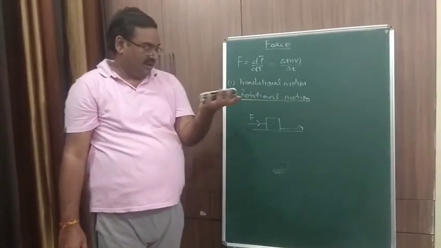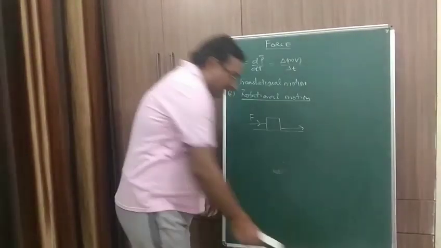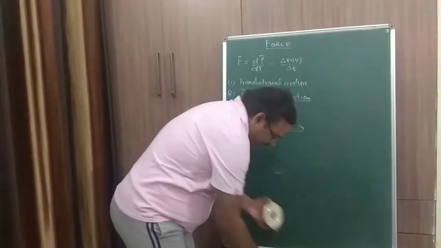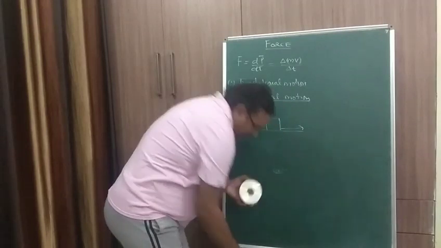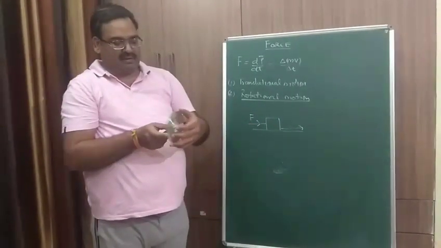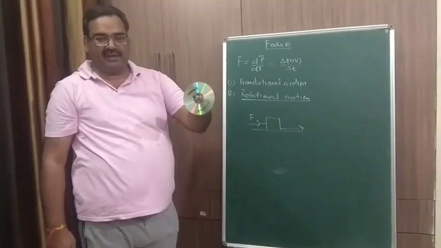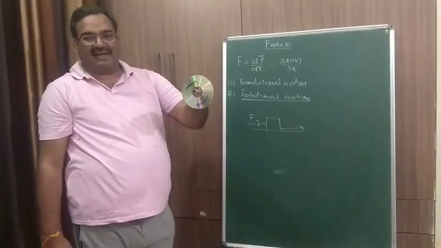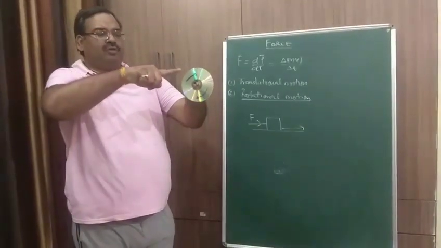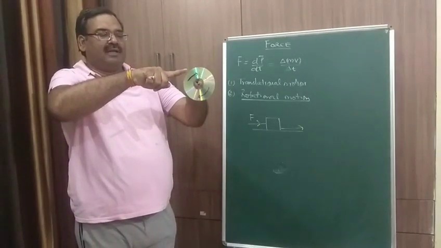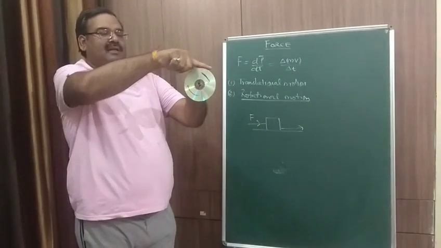Is it clear? Another example I will give you. I have got this disc that is on an axle. Now I am applying a force. It sets the disc into motion.